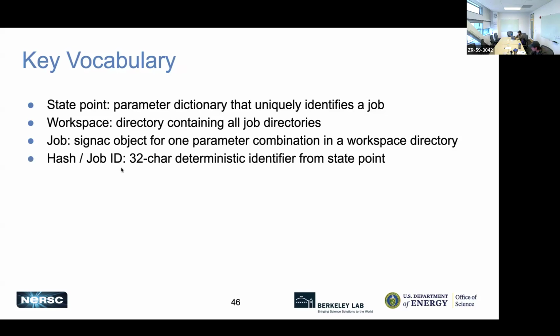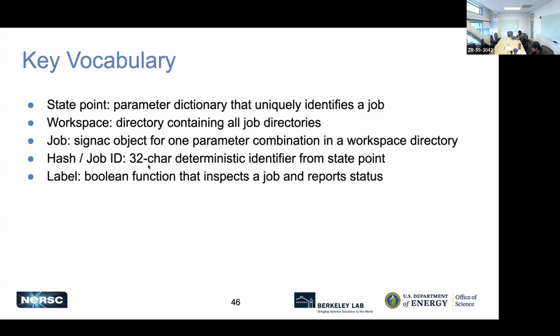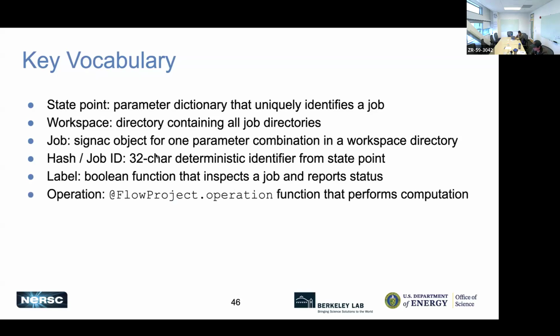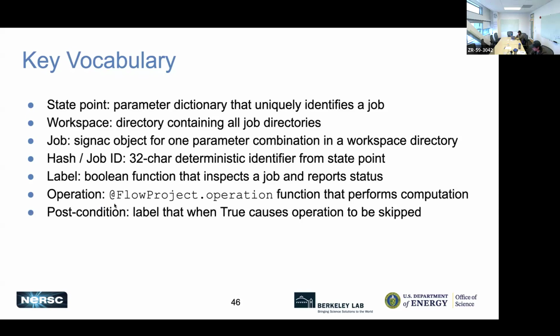The hash or job ID is that identifier that gets used to make the directory. Label is the function that tells you whether your job was finished or not. Operation is the decorator that you put on a function to mark it as the computation for what you do with each state point. And post-condition is the label that you use to check whether work has already been done or not and can be skipped.